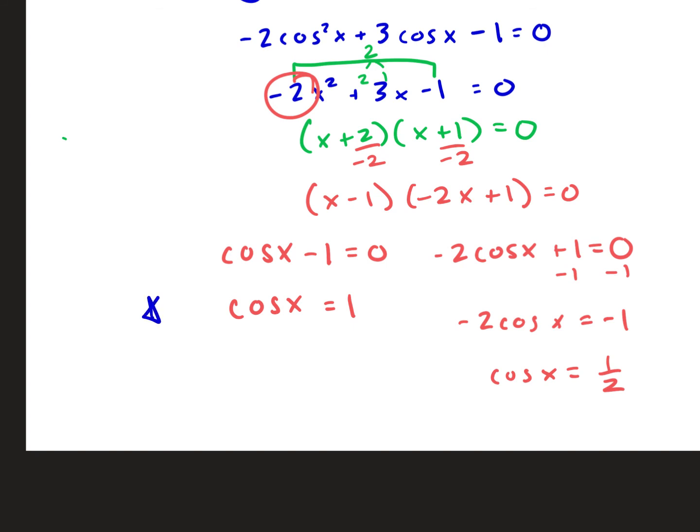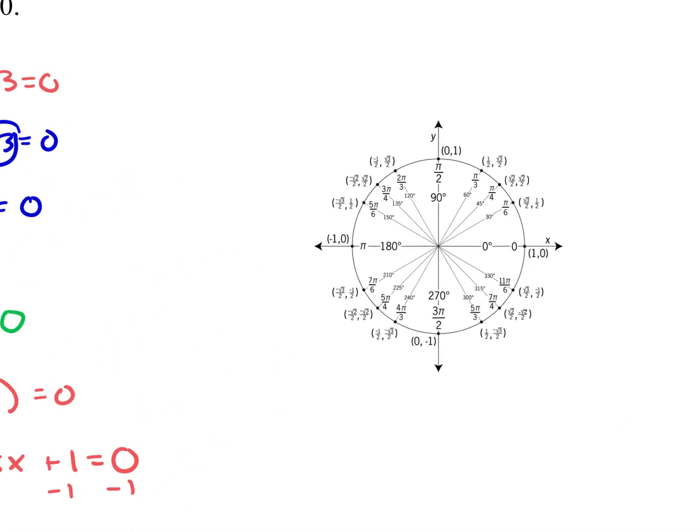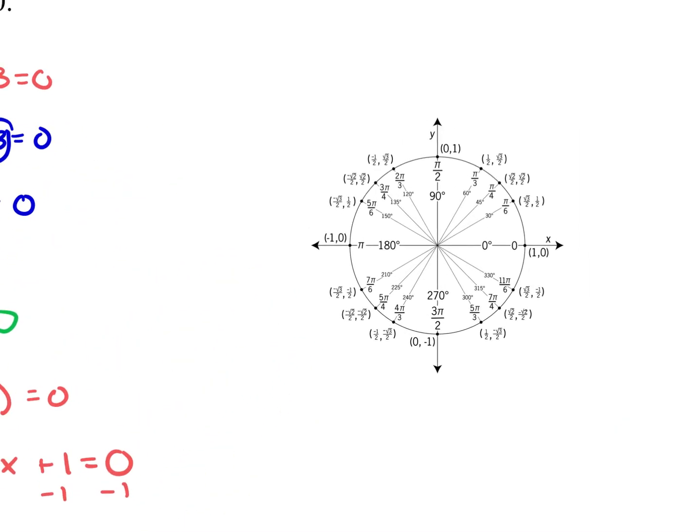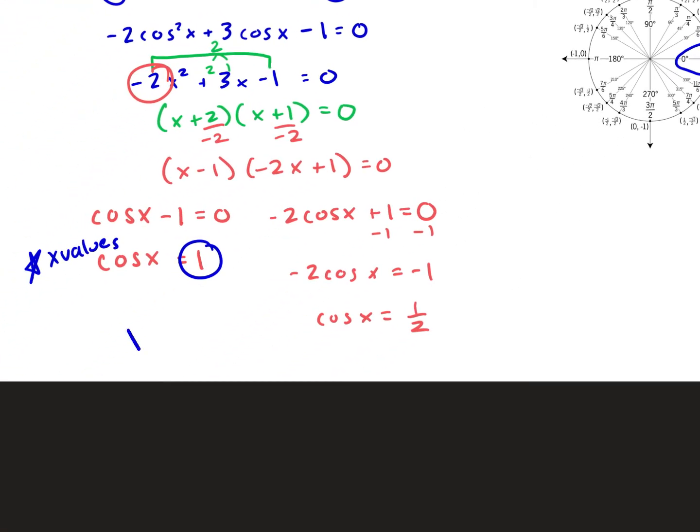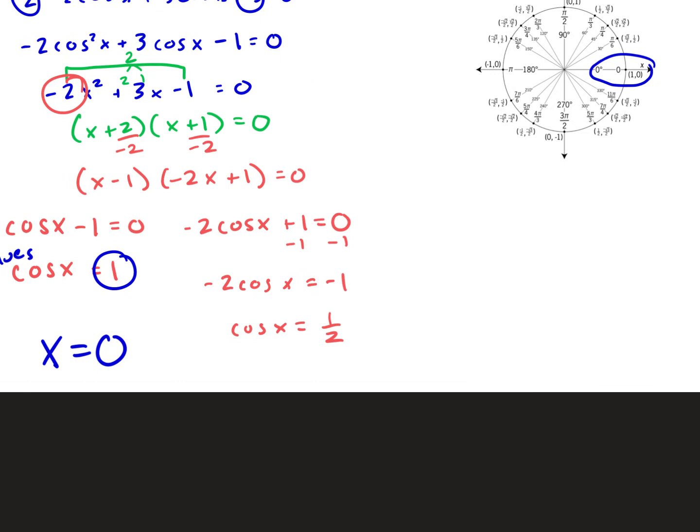Now with cosine, I have to look at what values on my unit circle. X values. So I need to see where is x 1. So on my unit circle, where is x 1? 0. So x is equal to 0 is one solution. So that's the only one. Now let's look at where is y 1/2.